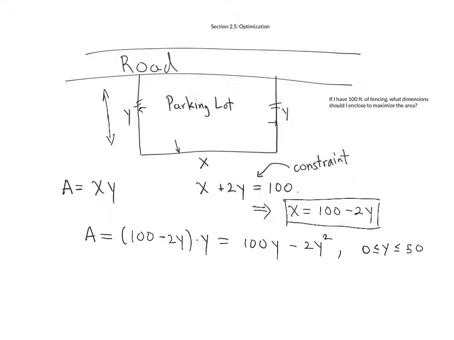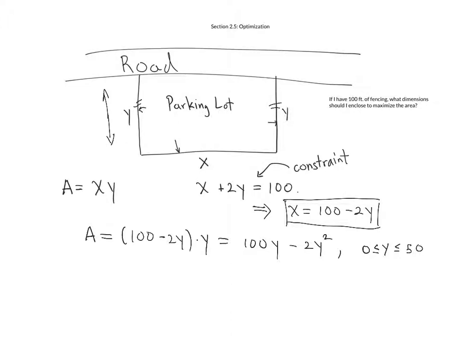So now I'm trying to find the maximum value of this area function as a function of y, and y is ranging between 0 and 50. I'm looking for the absolute maximum of this function. So that means I can now apply the calculus tricks that we've learned before. So I'm going to take a derivative, set the derivative equal to 0, and look for all critical points.